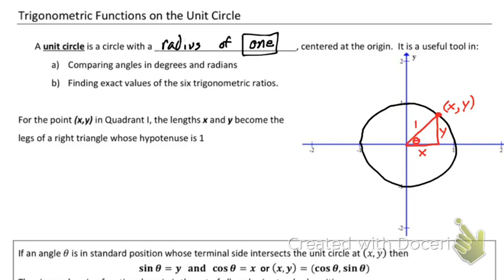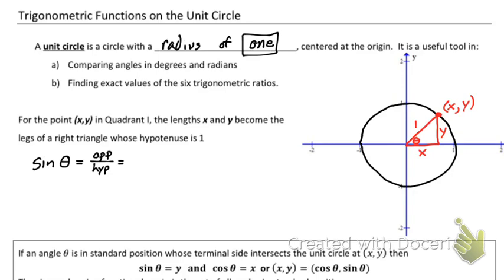Let's say Mr. Papian asked me to find the sine of theta, the sine of this angle here. Well, remember, sine is opposite over hypotenuse. My opposite is that y value, the height that the triangle goes up.